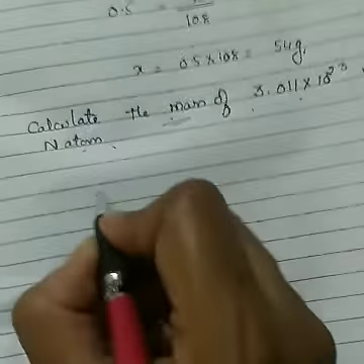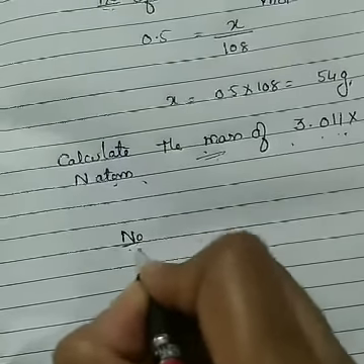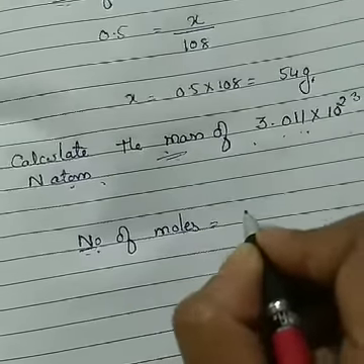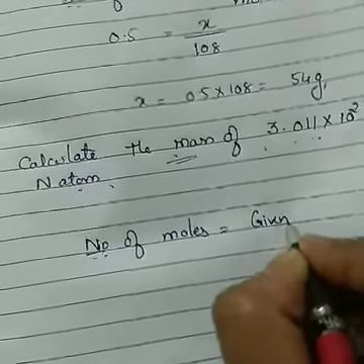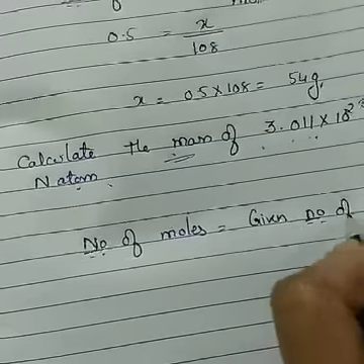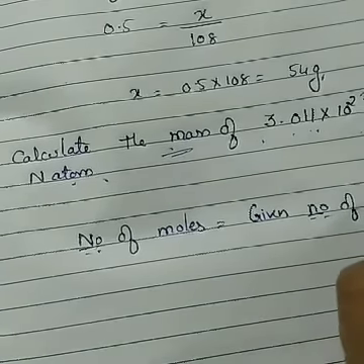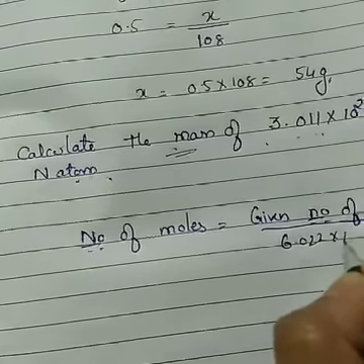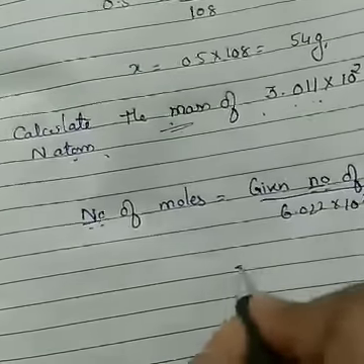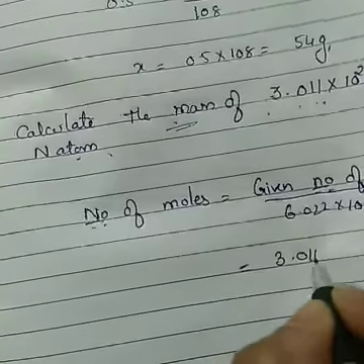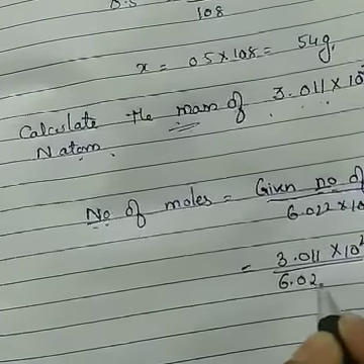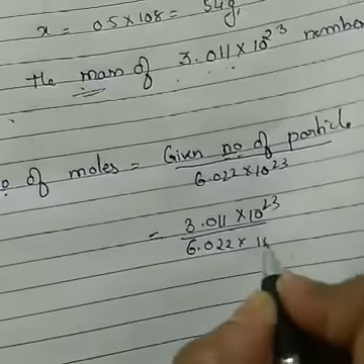So first write number of moles is equal to, which formula will you write? Given number of particles by Avogadro's number, that is 6.022 × 10^23. See, 3.011 × 10^23 by 6.022 × 10^23.